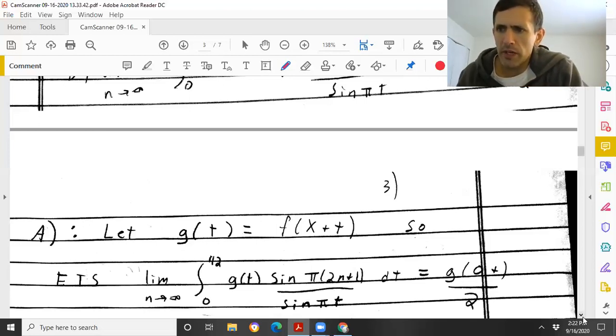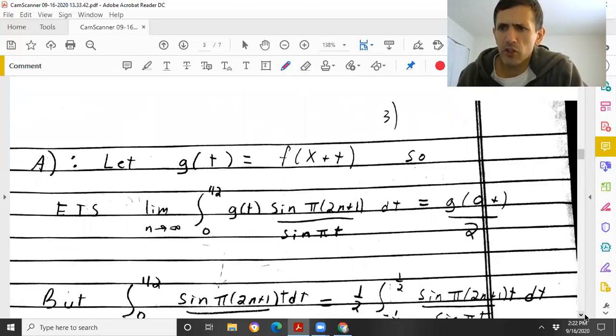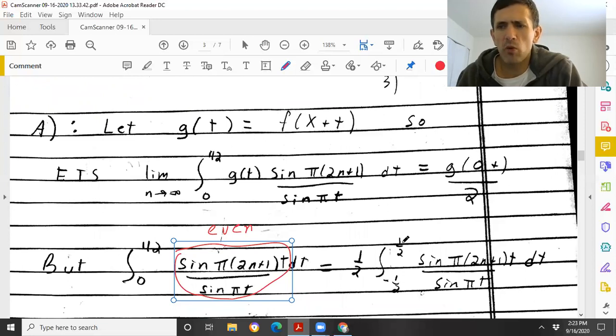All right, so what we need to prove is the following. Let's make a very trivial observation. Again, this is trivially even. So let's go backwards. This is going to be 1/2 of the integral from minus 1/2 to 1/2. But because this is a one periodic function, this is the same integral as 0 to 1.